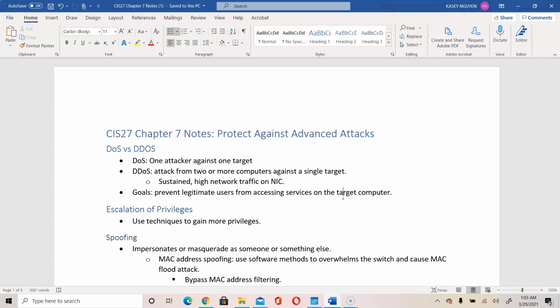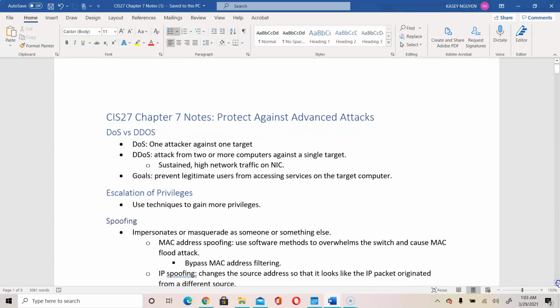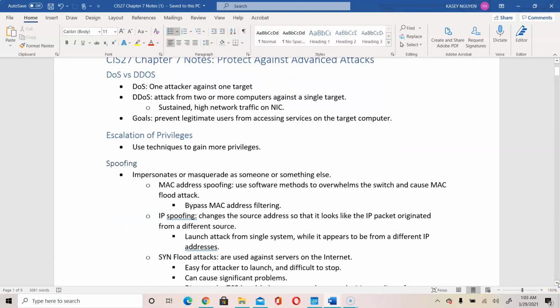Another technique that is often used in attack would be spoofing. And spoofing is impersonating or masquerading a system or an account. You often hear the two forms of spoofing, which are MAC address spoofing and IP spoofing.